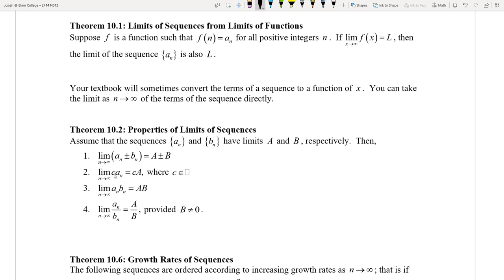If we have a constant multiple multiplied by each of the terms, then we can take the constant multiple out, apply the limit, and then multiply it back in. And that's for any real number. We have multiplication here. If we multiply the 2 terms pairwise, a1 times b1, a2 times b2, a3 times b3, all the way up, then we actually do get the product of the limits themselves. And the same thing for division, provided that we're not dividing by 0.